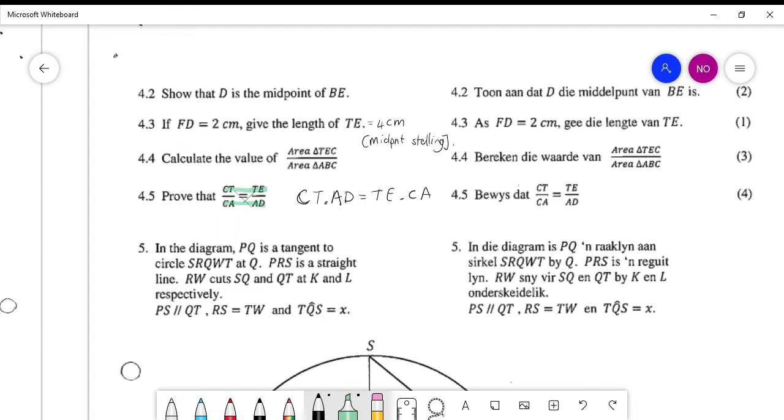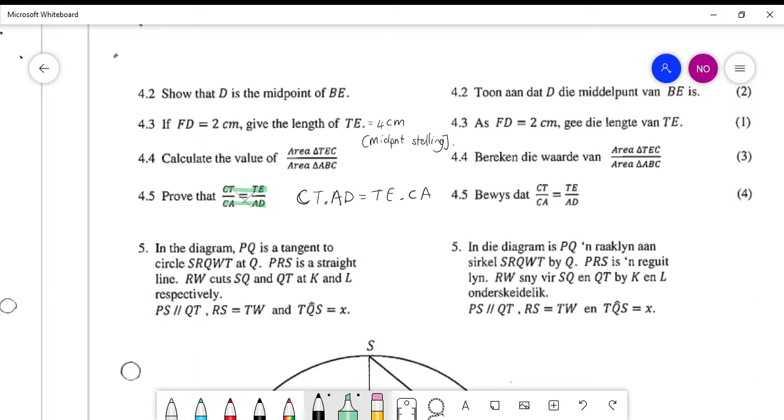Jy kyk eers so, 'n CTE 'n driehoek en 'n CAD driehoek. In this case, they were. We worked through this one yesterday, right? So then we proved that triangle CTE is similar to triangle CAD, and then you just deduct that.